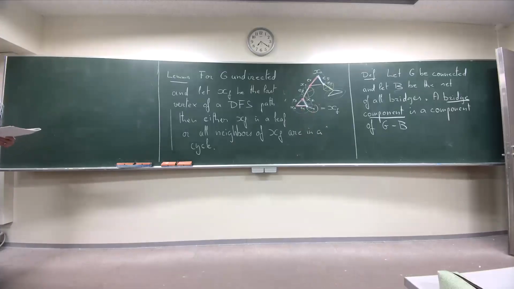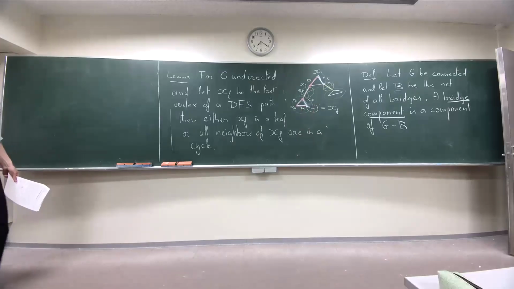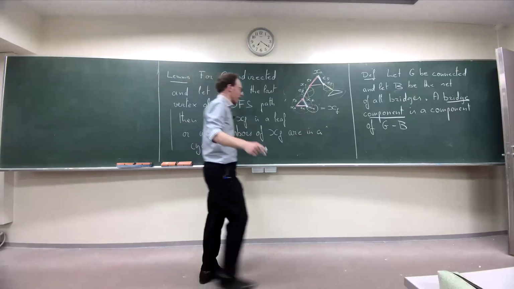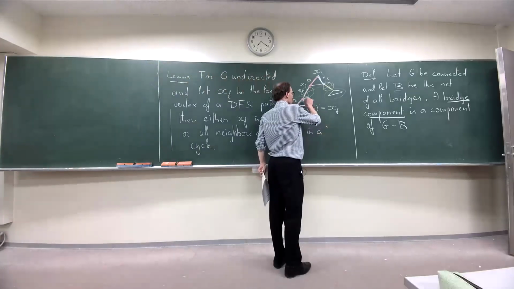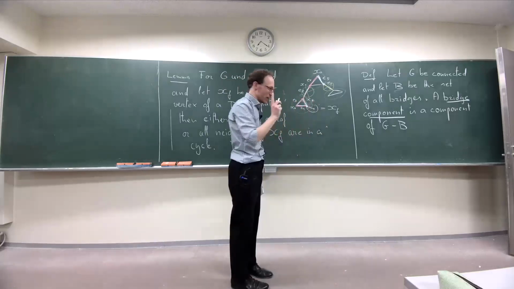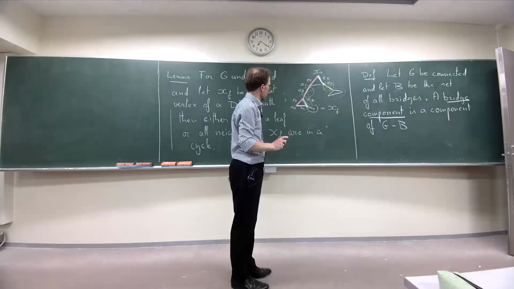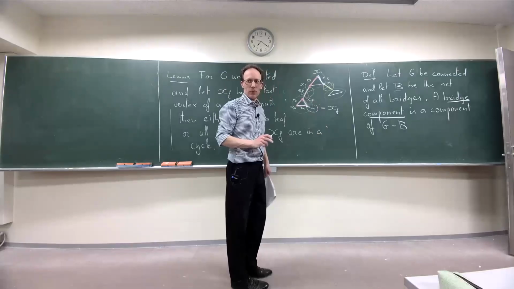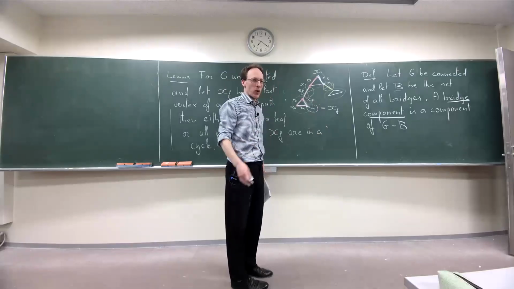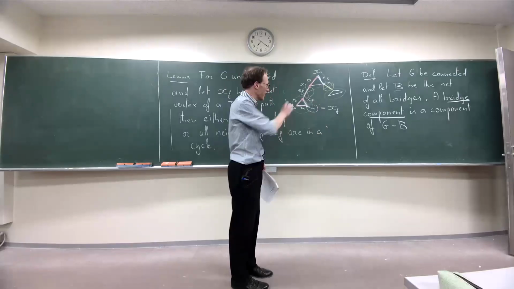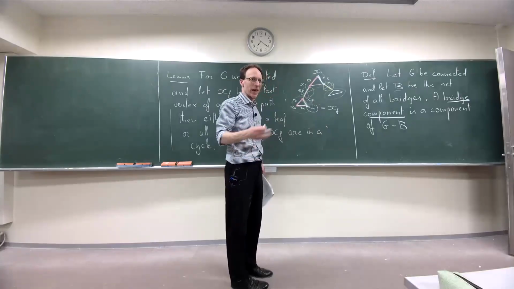Is it possible to have more than one more component? Okay, I'm not sure. If you remove some vertices, this is clear. For edges, maybe not. Maybe for edges, it's always one more component. But I cannot imagine an example where we would have more.